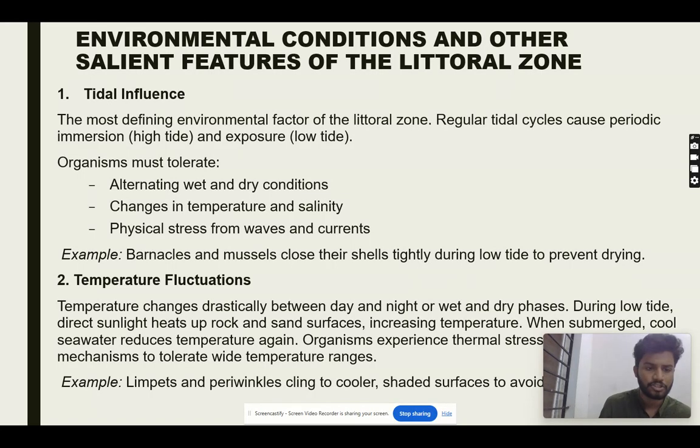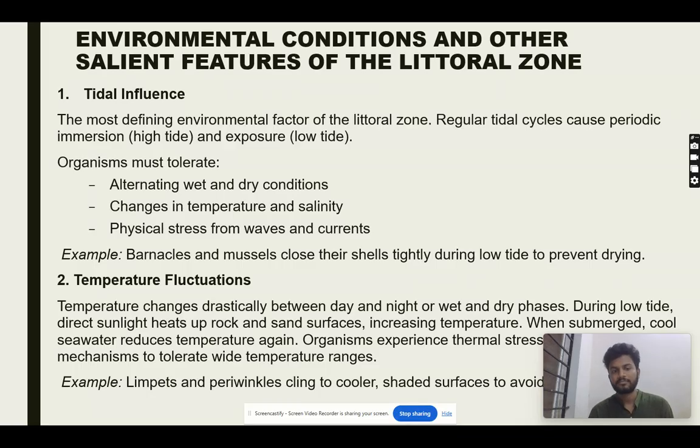Then temperature fluctuations also. Temperature changes drastically between day and night or during the wet and dry phases. When low tide happens, direct sunlight heats up rocks and sand surfaces, increasing the temperature. When submerged, cool seawater reduces the temperature again. So another abiotic factor, temperature, is also governed by the tides. As I discussed earlier, the tide is the most defining environmental factor of the littoral zone, because it influences the temperature and other abiotic factors.